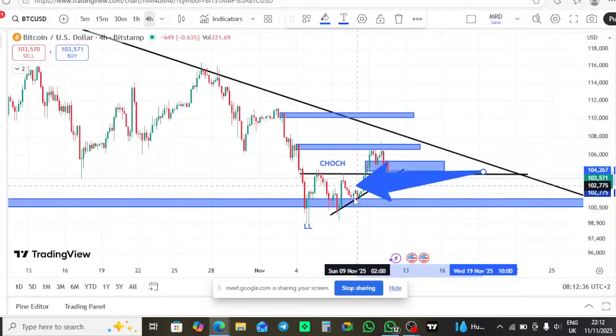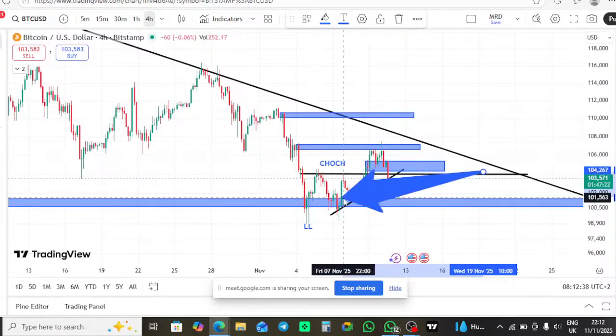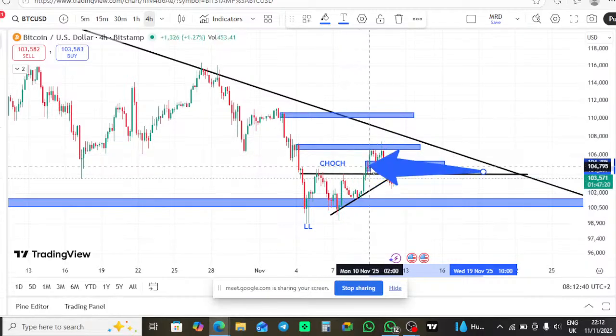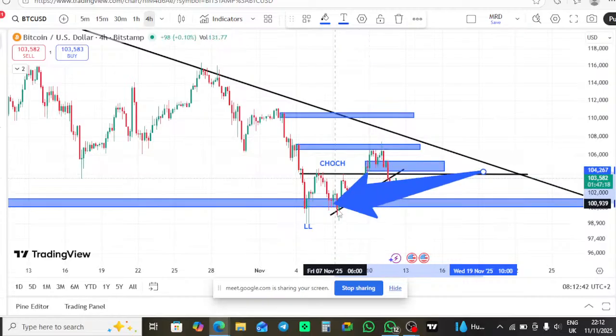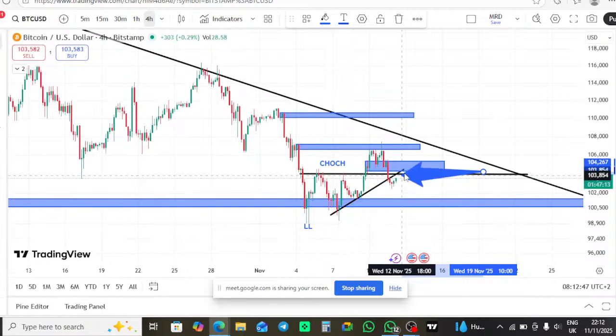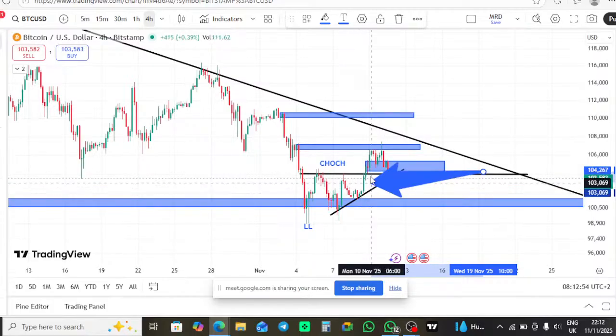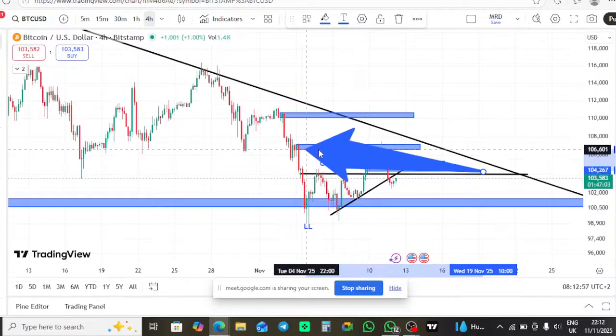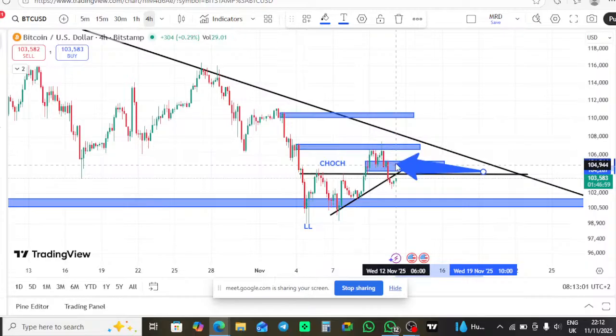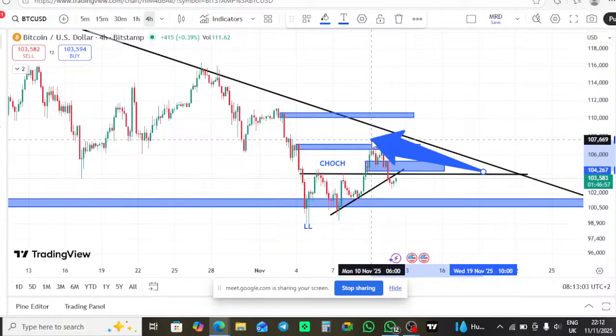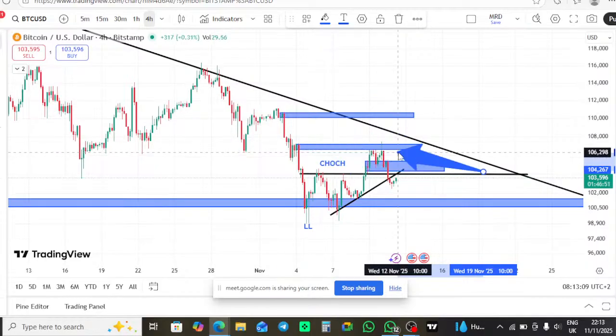The major trend is downtrend, but within the downtrend we identified a smaller uptrend. After putting the trend line here, we realized that the Bitcoin is in the uptrend. So I was expecting the Bitcoin to come and supply this level. It was the supply level, and I think it did its job, because we can see it tested the zone where we wanted it to go.